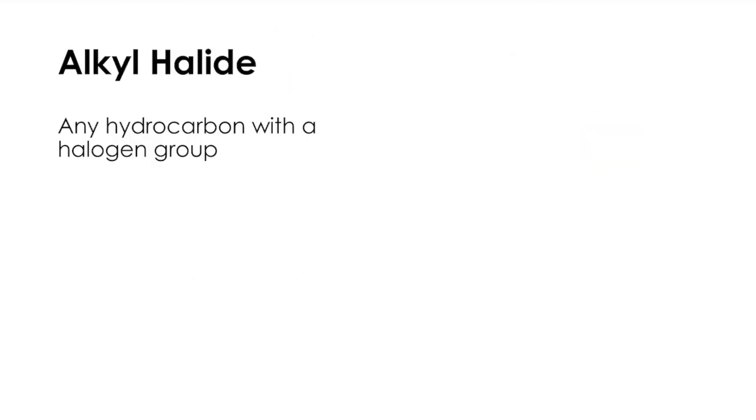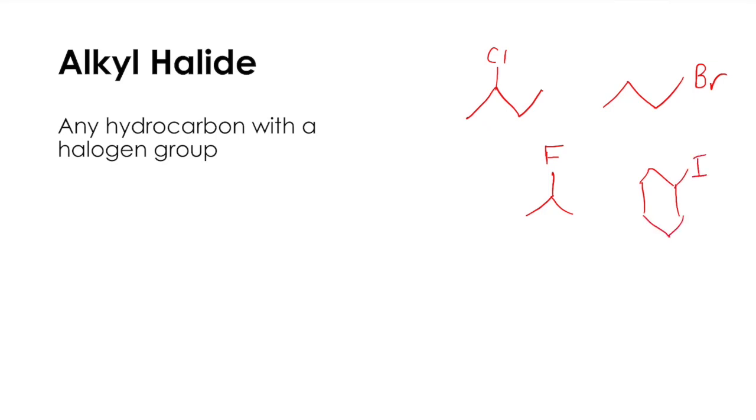Next, let's talk about alkyl halides. So as we know, halogens are group 7 on the periodic table, and an alkyl halide is essentially any hydrocarbon that has a halogen group. So that could look like this with a chlorine, or this with a fluorine, bromine, or an iodine.